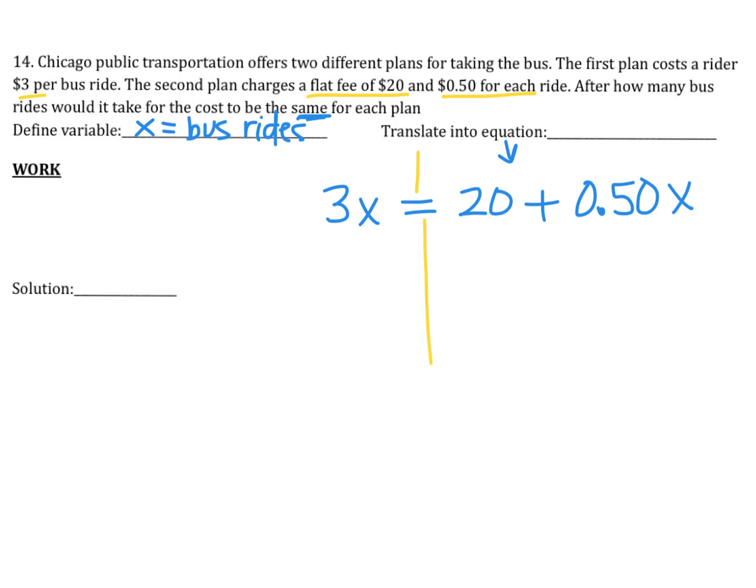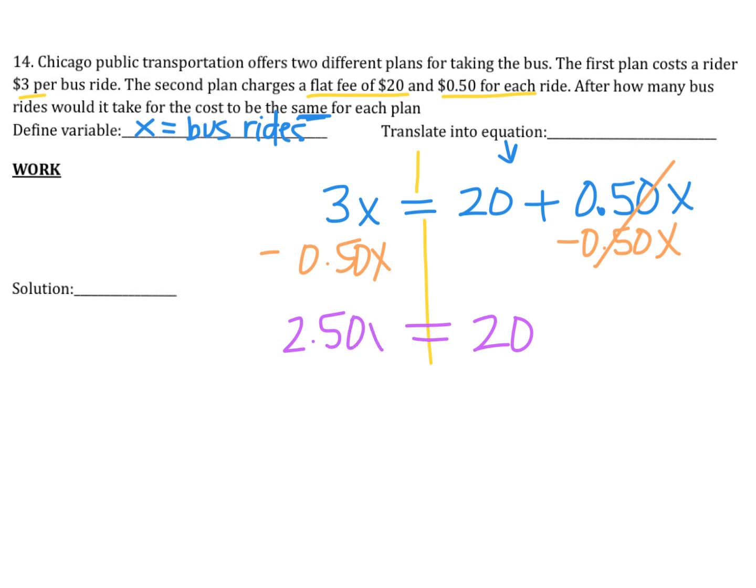All right, so let's go ahead and solve this. Variables on both sides. So our first step would be to subtract the 50 cents x from one side, 50 cents x from the left side. Okay, so that gives us 2.50x.